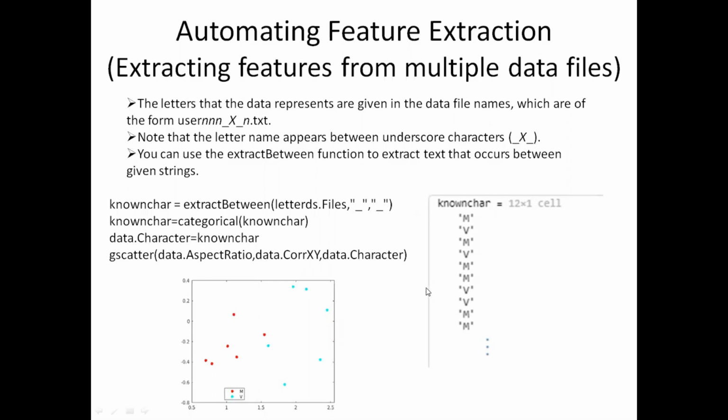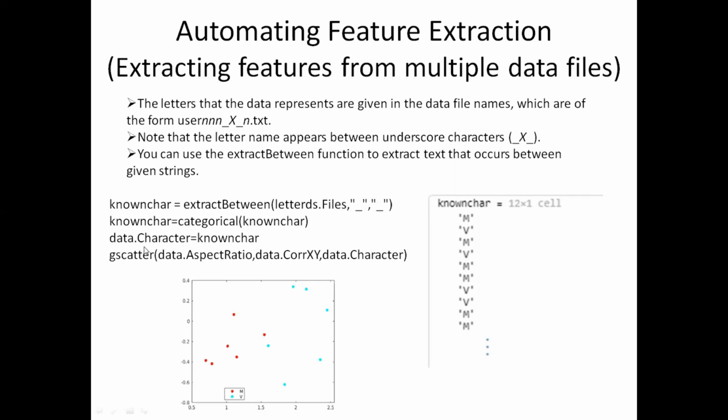So the data we extracted as known character will be stored as the character column in the data table. After that, our feature set is completely ready. Our data is ready for training the classification algorithm and for building a model. So we can use that for further processing.